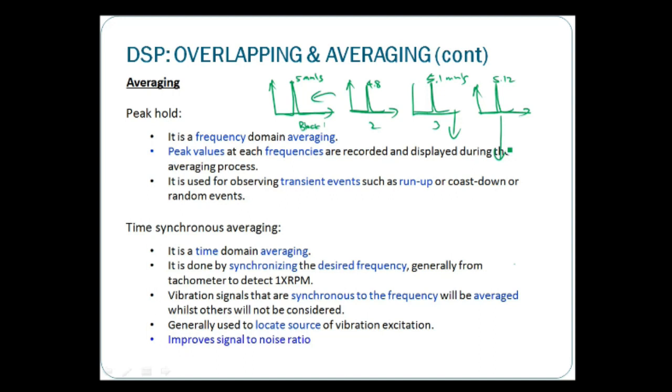Then you know what the maximum vibration amplitude is that it can achieve or that was recorded during these change of condition events or random events. That basically gives you some information, so you have to use peak hold.